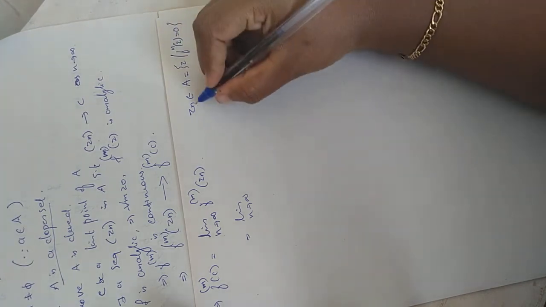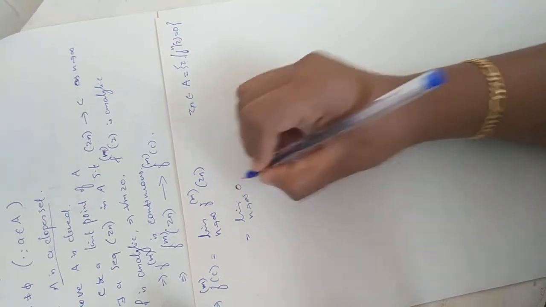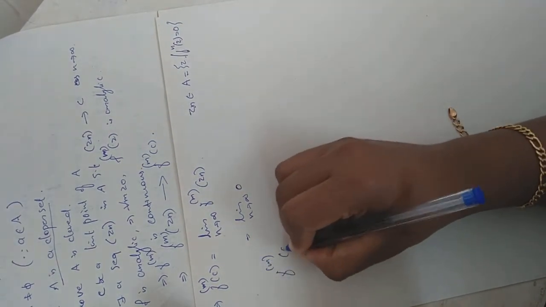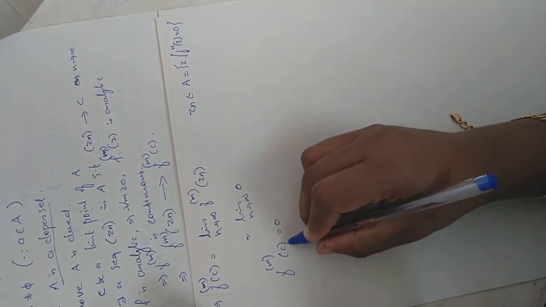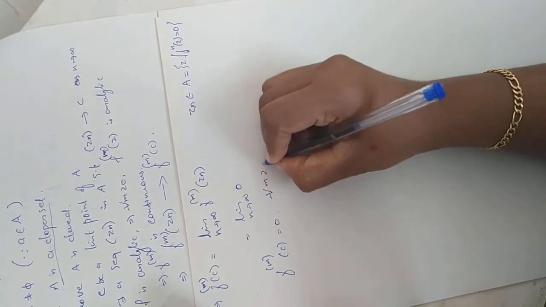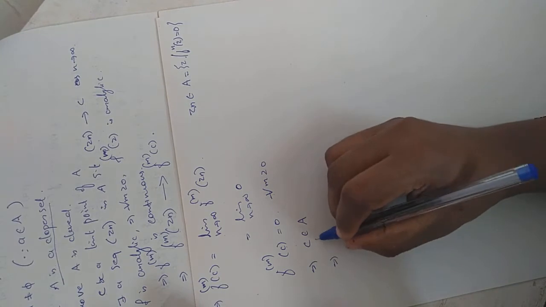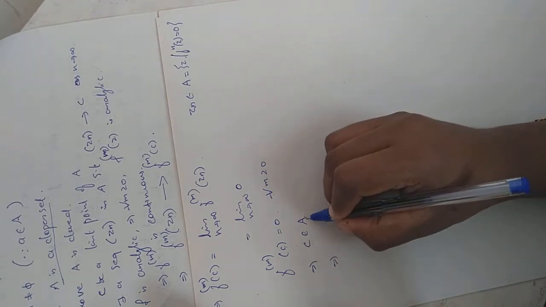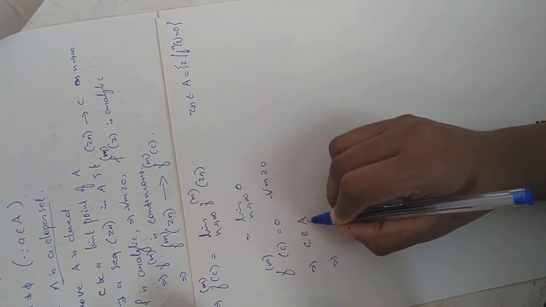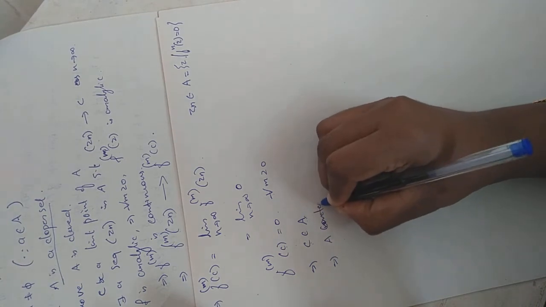Therefore, when Zn belongs to this collection, its derivative at that point Zn will be 0. So this is equal to 0. So you get the mth derivative at the point C equal to 0. When the mth derivative at the point C equals 0 for every m greater than or equal to 0, C is a point in A. So when you have a sequence in A which converges to C, and C also belongs to A, which implies A contains all of its limit points.